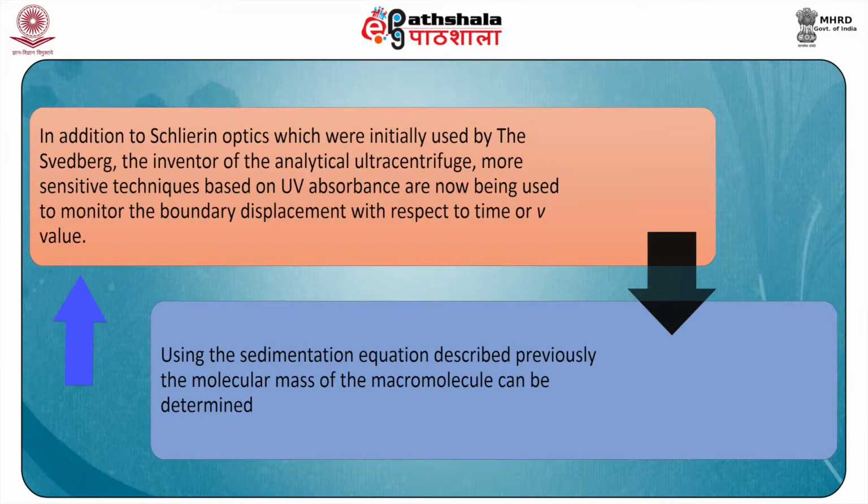However, nowadays more sensitive techniques based on UV absorbance are being used to monitor the boundary displacement with respect to time, or V value. Using the sedimentation equation described previously, the molecular mass of the macromolecule can be determined.